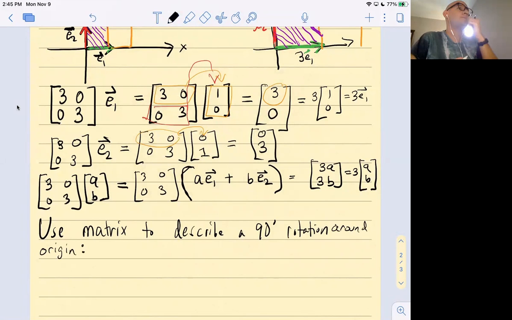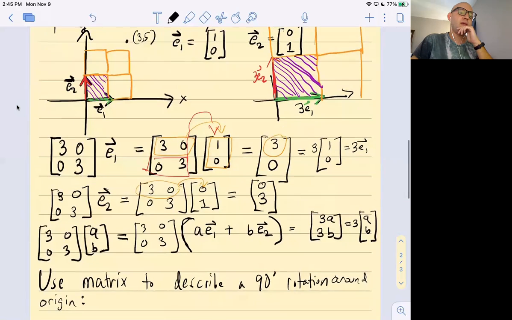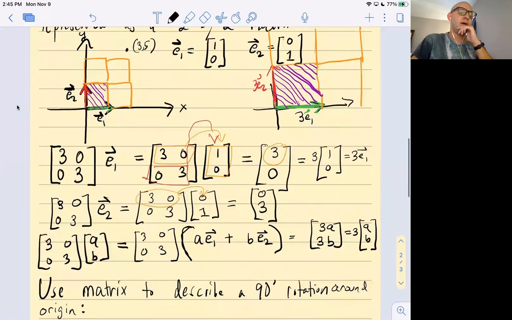The thing about matrices and these transformations is, if you tell me how the transformation affects E1 and E2, you see that if I know how my piece of paper moves overall, by telling you how the green arrow moves and how the red arrow moves, then I will have a new grid.